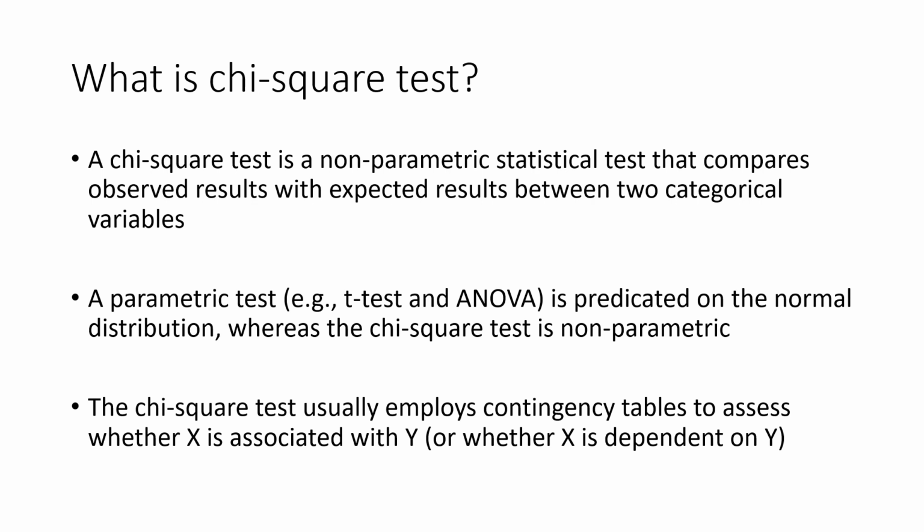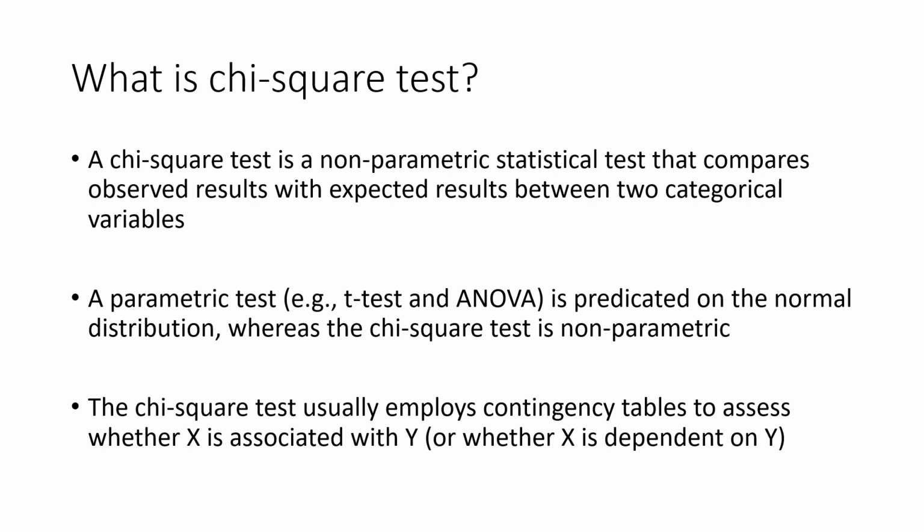Say, for example, no more than 4 categories, because in theory you can do a chi-square test with, say, for example, nominal or ordinal variables with more than 4 categories, 5, 6, 7, 8, if you have a large data set. But the results are quite difficult to interpret when you have a lot of categories. So keeping the number of categories or the number of groups to a minimum is ideal.